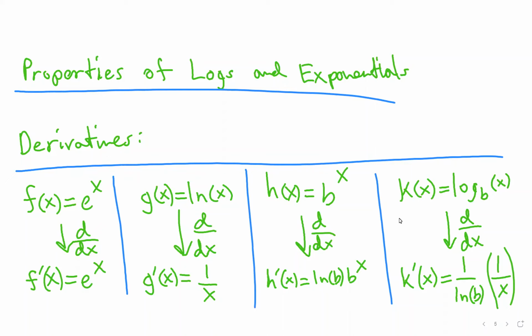So it's an interesting way that it ends up here, where we start with log base b of x and take the derivative to get 1 over ln of b times 1 over x. That's what it'll be for these 4 different functions, and if you ever run into one of them and need to know the derivative, you can use these to figure out what it's going to need to be.